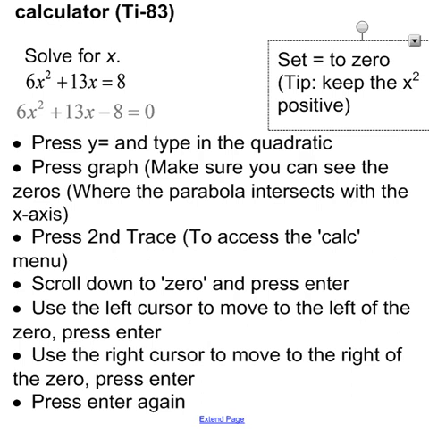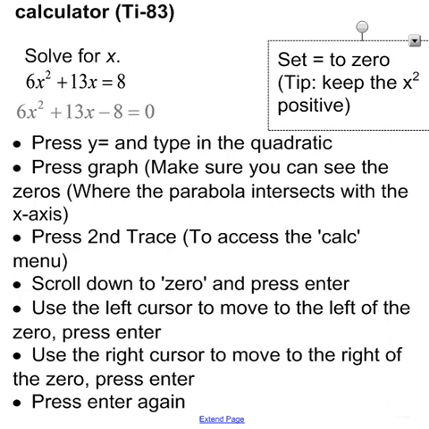Press graph, and it says make sure you can see the zeros or where the parabola intersects with the x-axis. So what it's saying is make sure you can see this and this. Those are what we call the zeros.